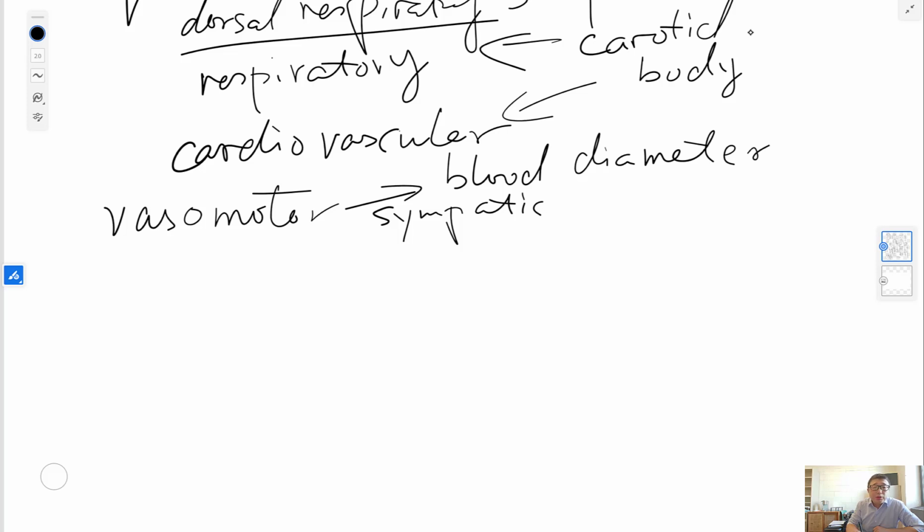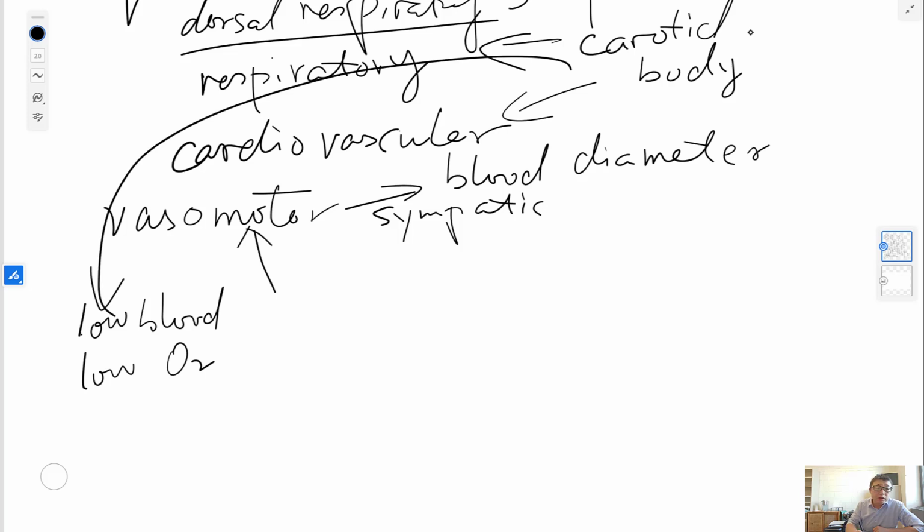This can be in response to many different sensations. For example, low blood pressure will trigger blood vessel contraction and increase blood pressure. And low oxygen will also trigger this. Low oxygen information also comes from the carotid body.